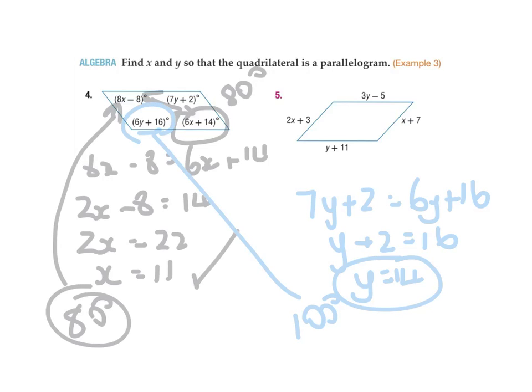And 7 times 14 will give you 98, 98 plus 2, this angle would also be 100. So using your x and y, you can see that opposite angles do equal each other. So for question number 4, you're proving that it is a parallelogram.